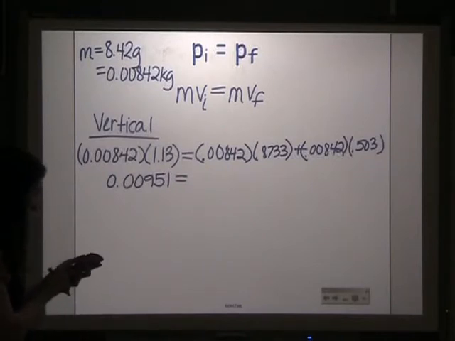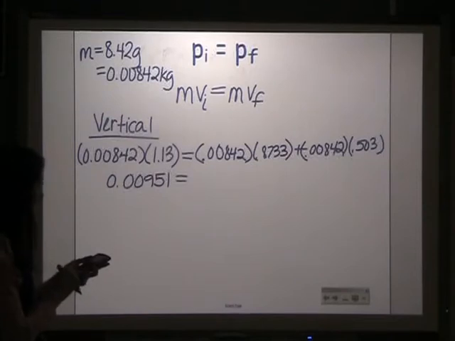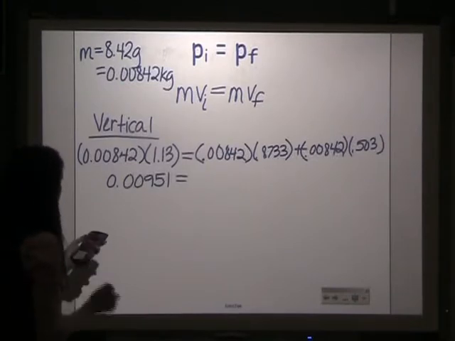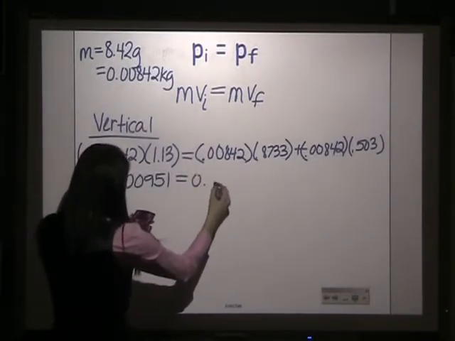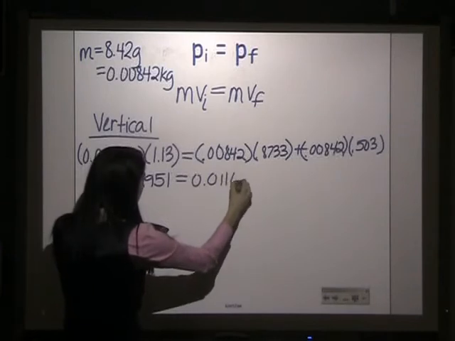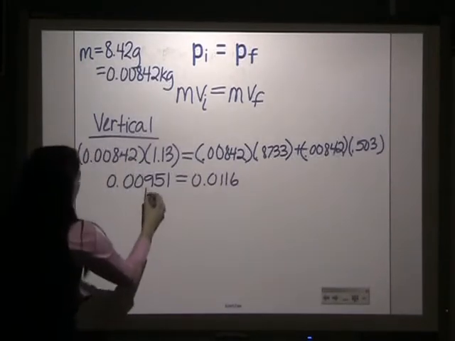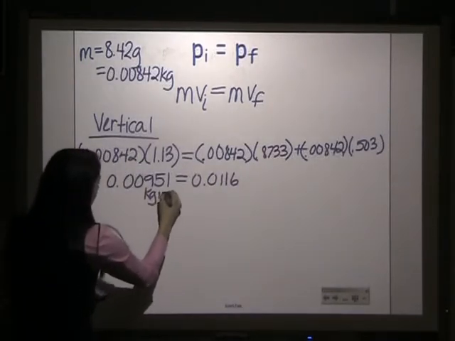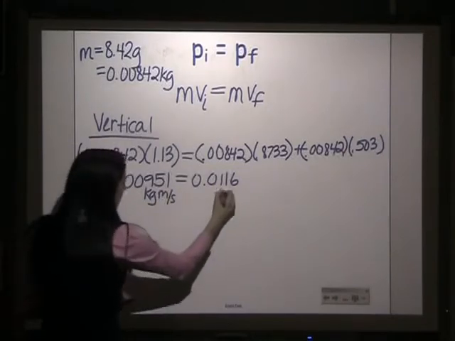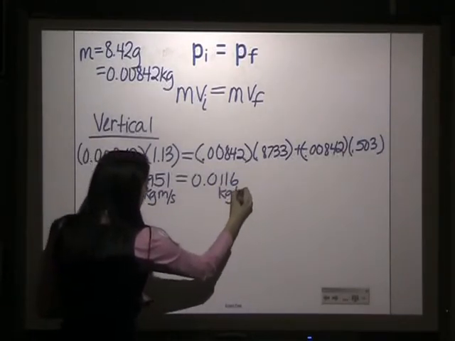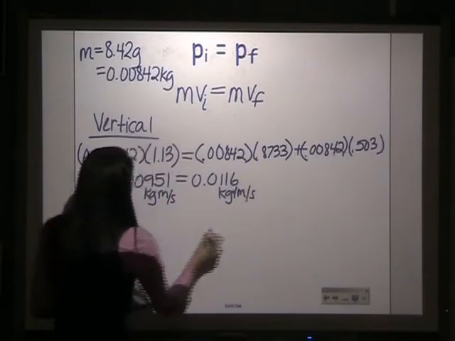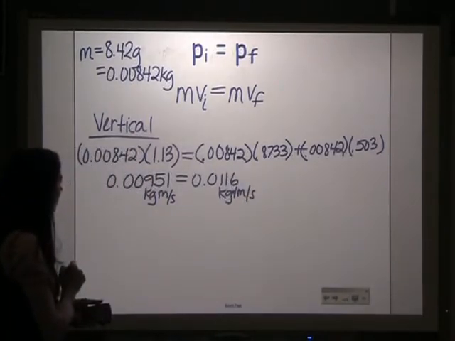And on the other side, we get 0.0116. And both of these are in kilograms, meters per second. So you can see here they're pretty close.